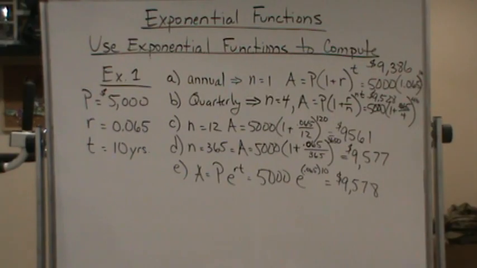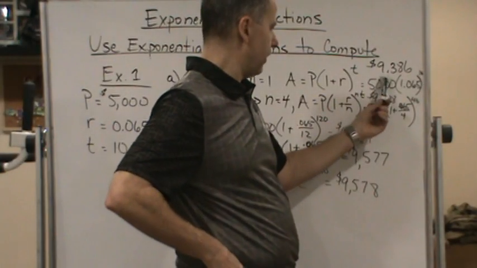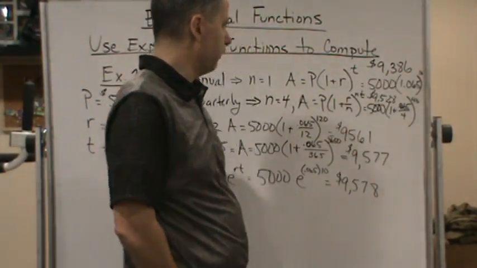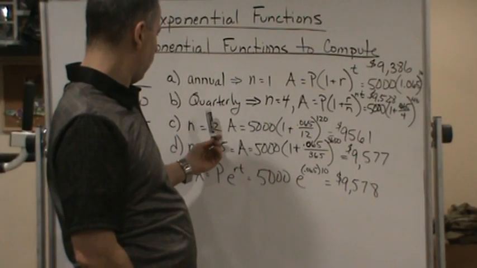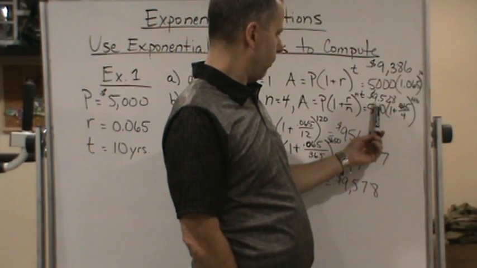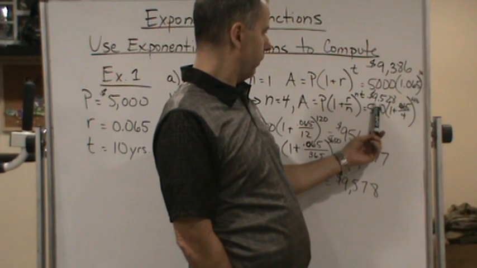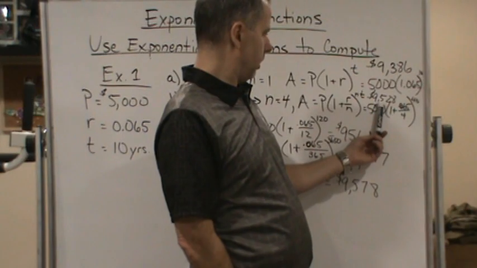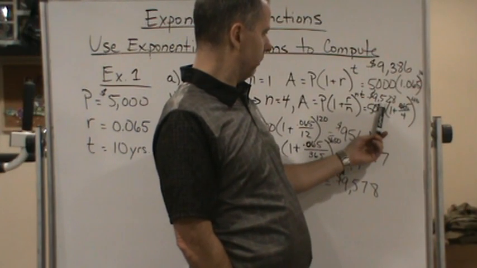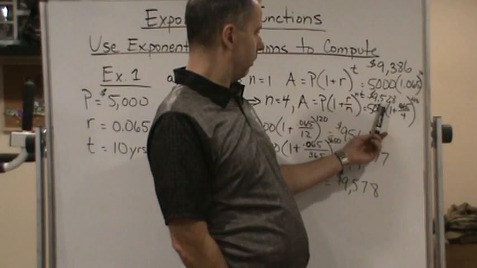Okay, so now let's look at the result here. Notice for annual compounding we ended up with $9,386. And then when we went to quarterly compounding, the total amount went up by about $150.